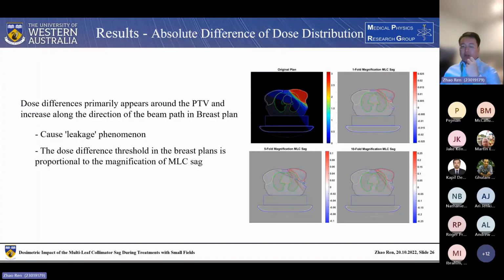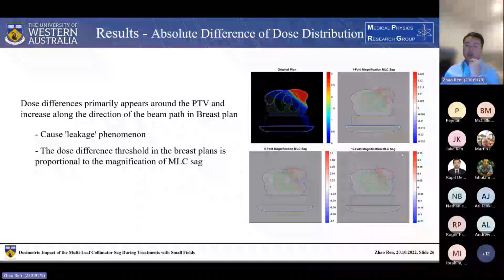The dose difference threshold in the breast plan is proportional to the magnification of MLC sag. From the very beginning at one-fold magnification MLC sag, the biggest dose difference is only 0.025 gray, and finally at 10 times, the dose difference reaches 0.25. It's also 10 times larger.